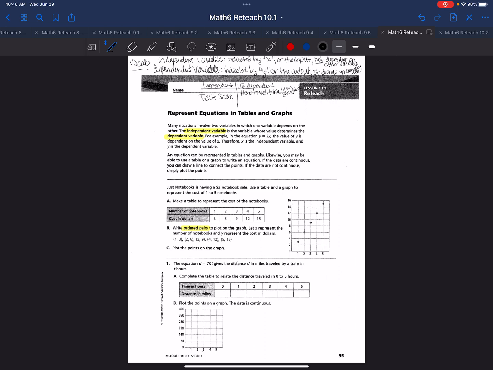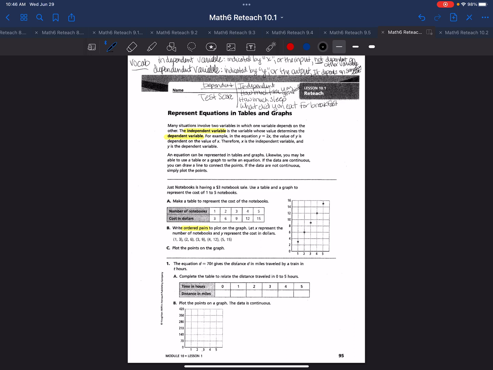It also is dependent on how much sleep you got. It's also dependent on what you ate for breakfast. Did you eat a good breakfast? Did you have no breakfast? That will affect your test score. So that's a real life example of that.